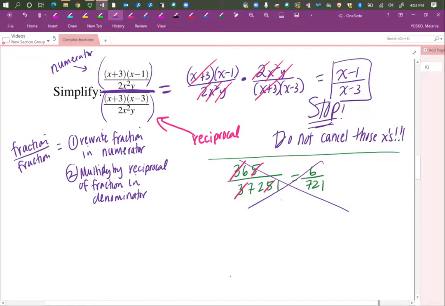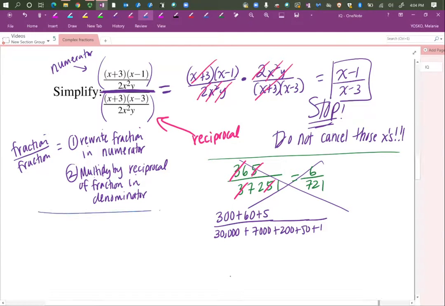That's garbage, right? So the reason you can't do that, that's like 300 plus 60 plus 5. This is 30,000 plus 7,000 plus 200 plus 50 plus 1. So you knew when I did it here that it was wrong, but the reason it's wrong is because of all these addition signs. You can't do this when you're adding or subtracting.